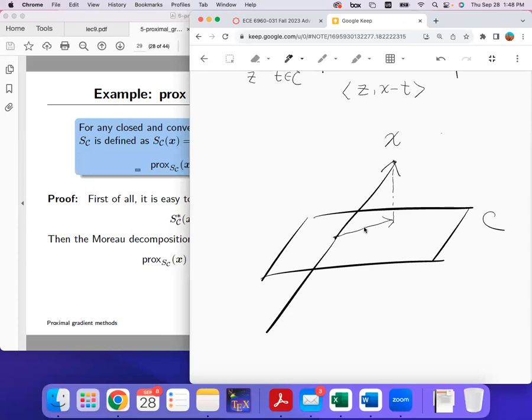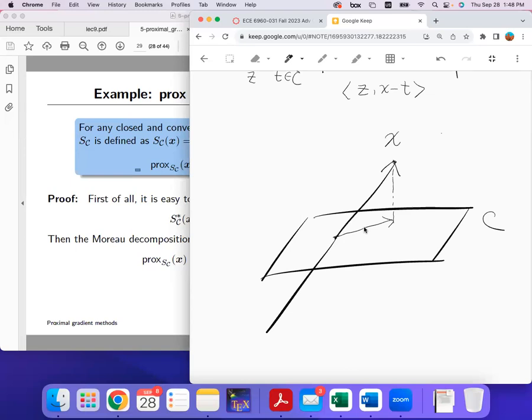Yeah, that makes sense. For example, if C is a bounded ball, maybe a surface, then the vector that aligns with this projected vector is the one you want.